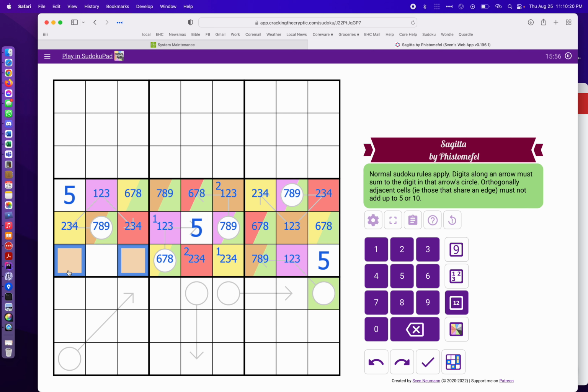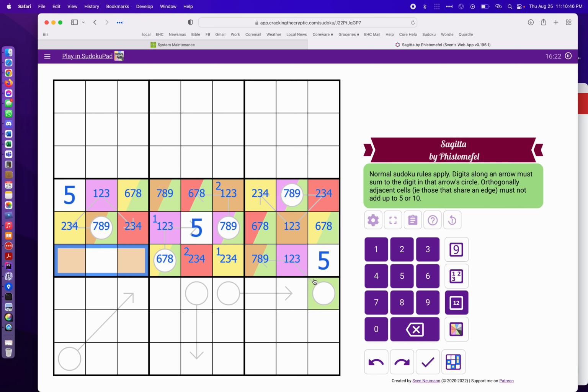So orange has to go in one of those. High red can't go there, so it has to go in one of those. And high purple. Okay, I'm not seeing how we can distinguish that.